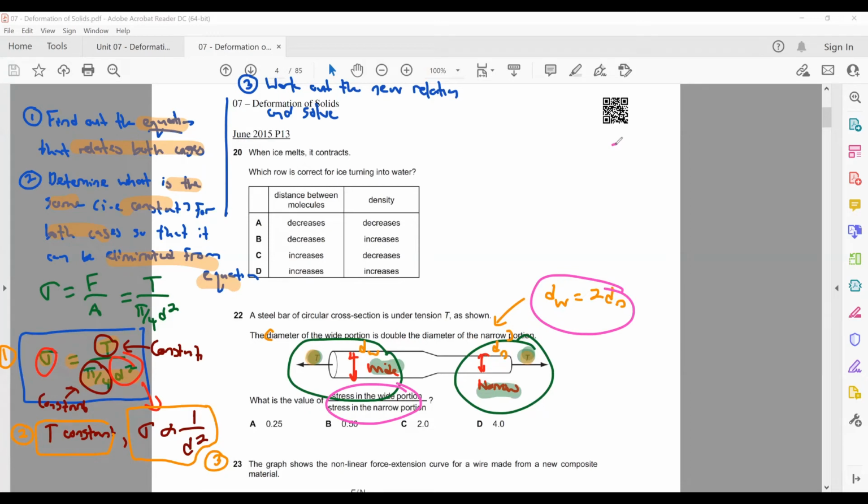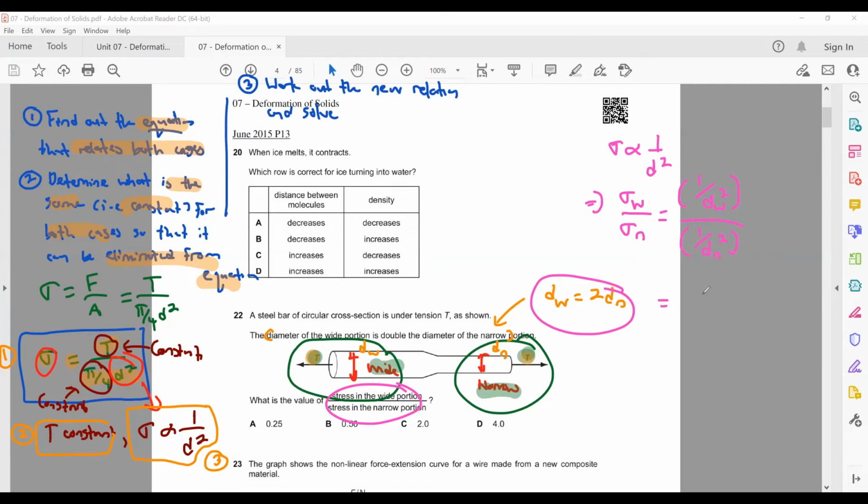What you can do is that since you know that the relation is the stress is inversely proportional to d squared, you can now say that stress over the wide portion over the stress in the narrow portion is equals to 1 over dw square over 1 over dn square.